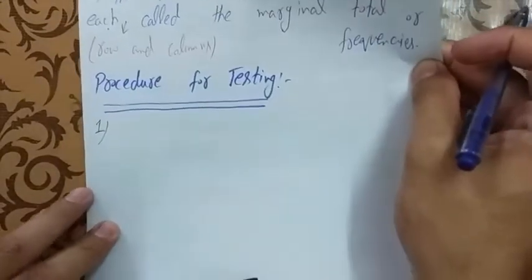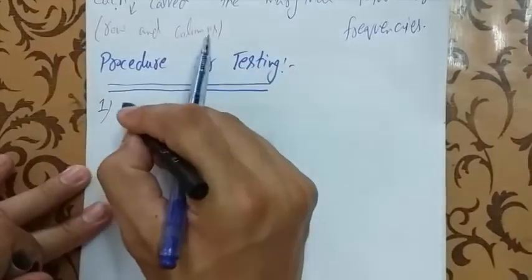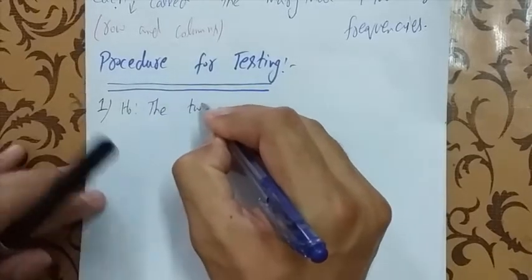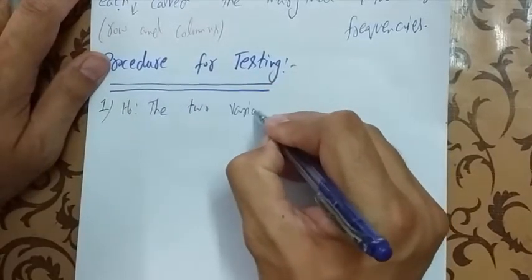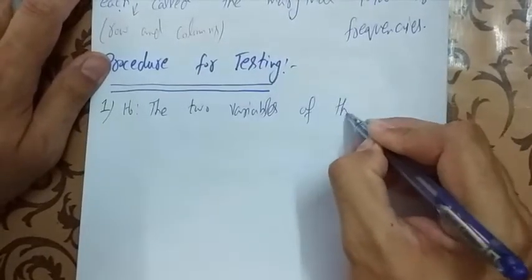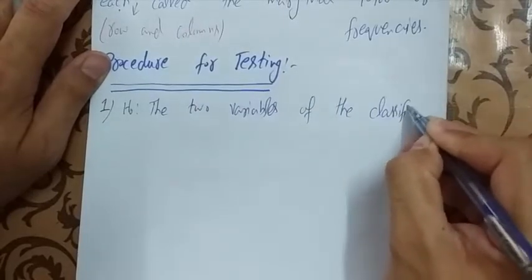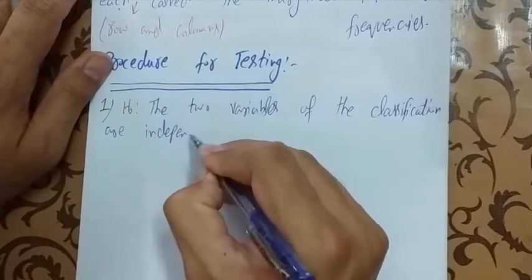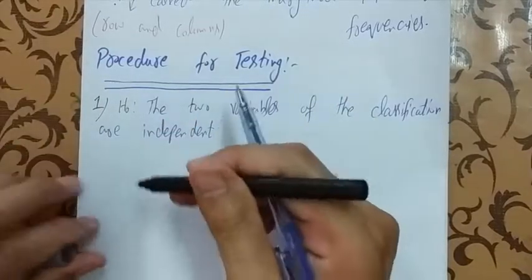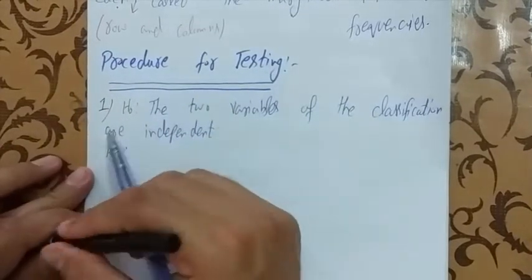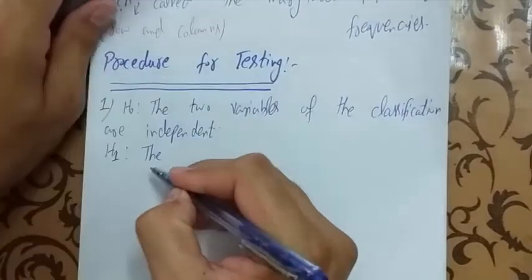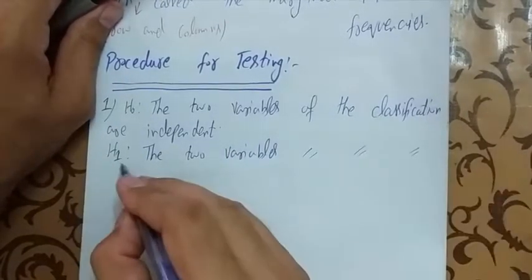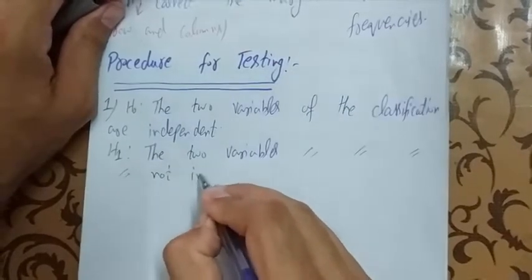First, H0: the two variables of the classification are independent, and our alternative hypothesis H1: the two variables of the classification are not independent.